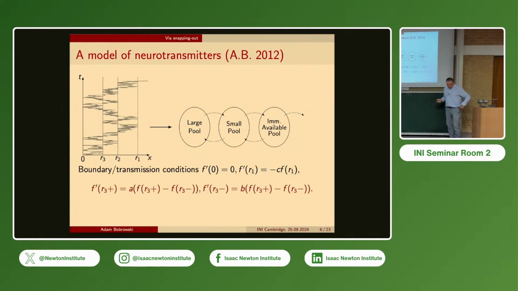It was clear from the description that at 0 I have to have a reflecting boundary. At R1 I had to have a kind of elastic boundary, so that some of the process leaks out. But these in red were analytically the only thing possible for the approximation to work.